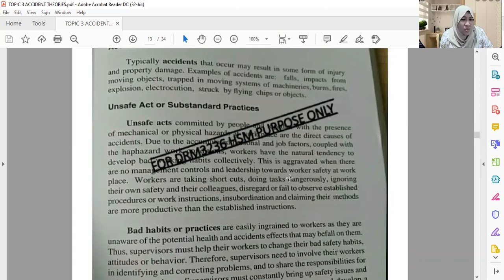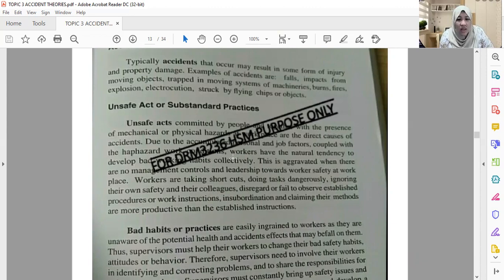I remember this one that multiple times my lecturer kept reminding us. What's the difference between unsafe act and unsafe behavior, right? Okay, unsafe acts committed by people with the presence of mechanical or physical hazards are the direct cause of the accident. Actually, they have the word here, right?